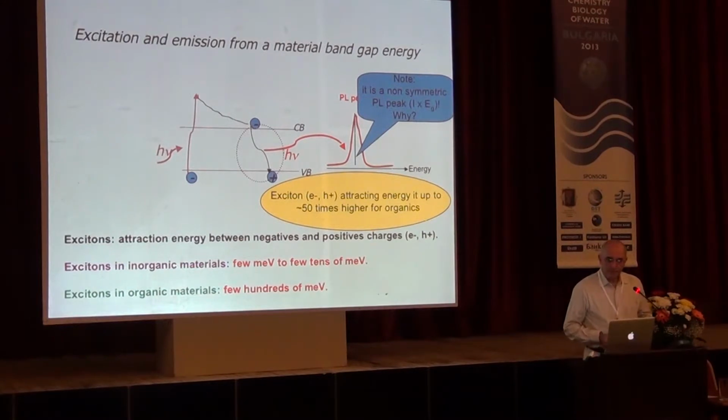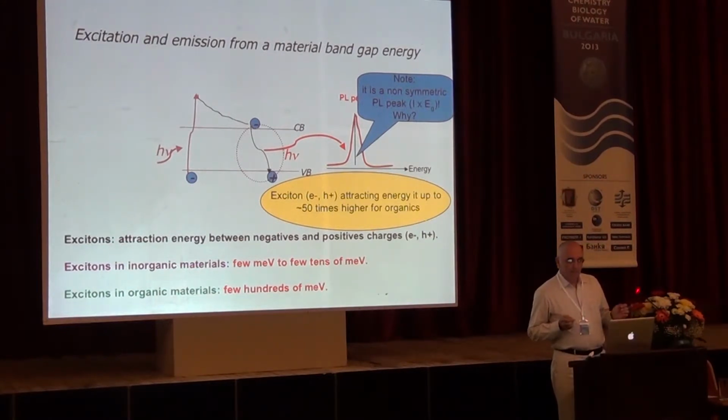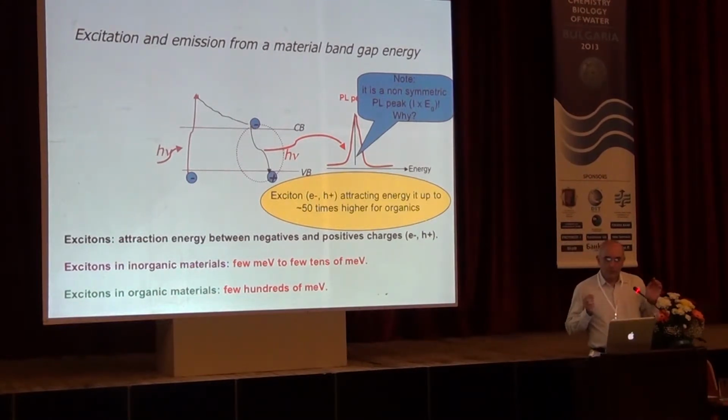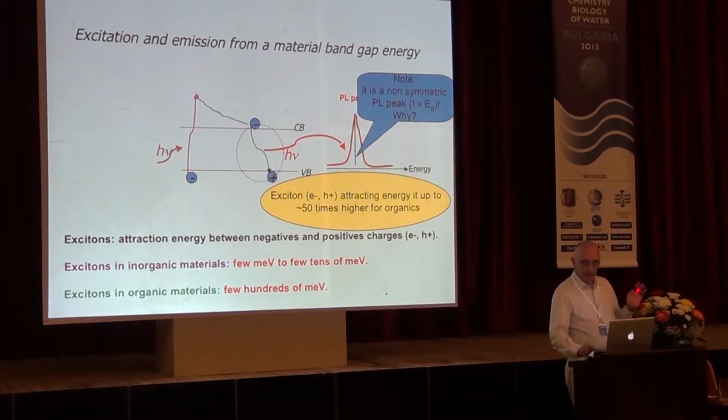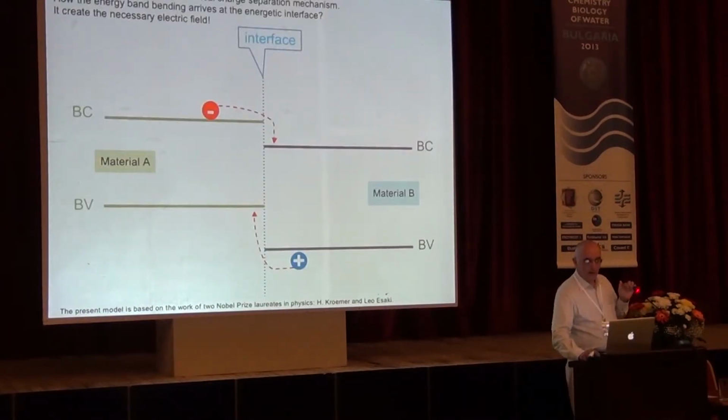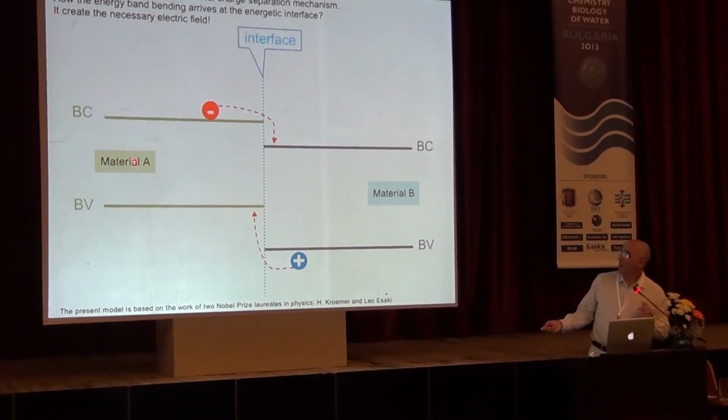And when we talk about an interface, this excitonic energy can be much higher. I will give you here an example of a material A, B, and this is an excited system.